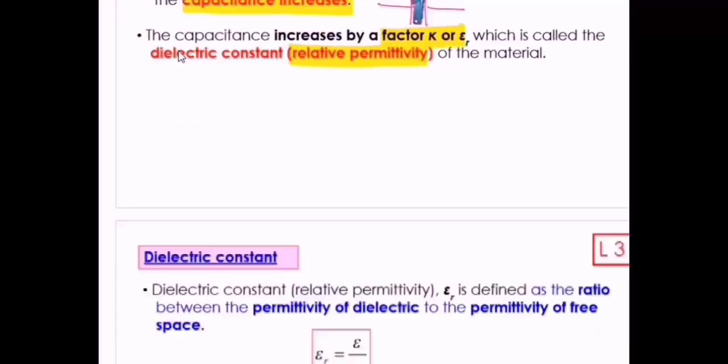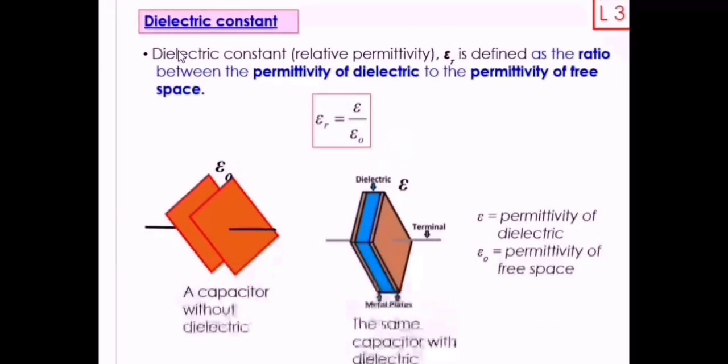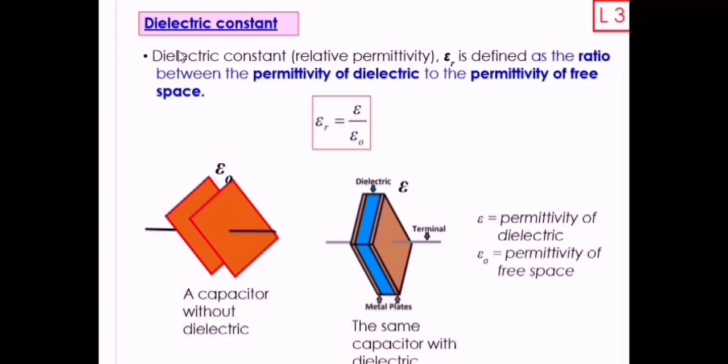This is the formula for the dielectric constant, the relative permittivity, and it is defined as the ratio between the permittivity of the dielectric, epsilon, over the permittivity of free space, epsilon naught.